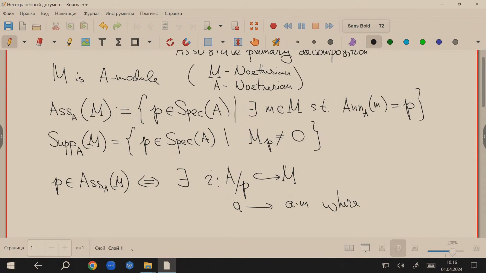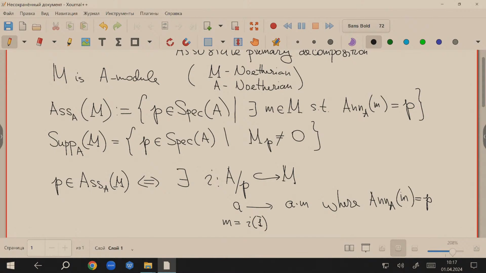If you consider it as an A-module, the unit has an annihilator, and this is precisely P. You map a to a times m, so the annihilator of that element of M is precisely P, and this provides you this embedding, and vice versa. You take the image of the unit under this inclusion, and m is just the image of the unit in the ring A mod P.